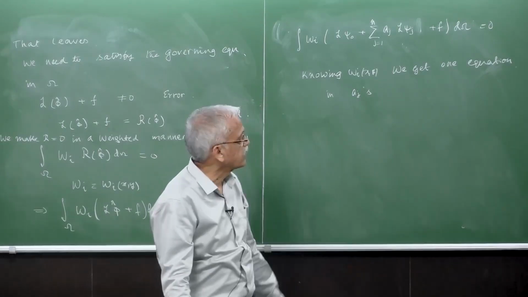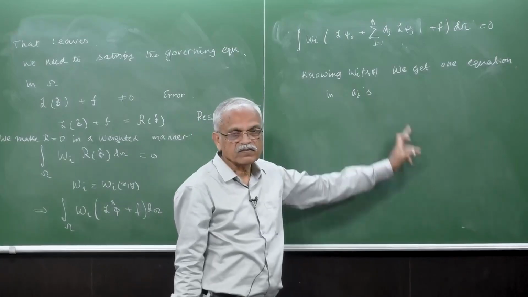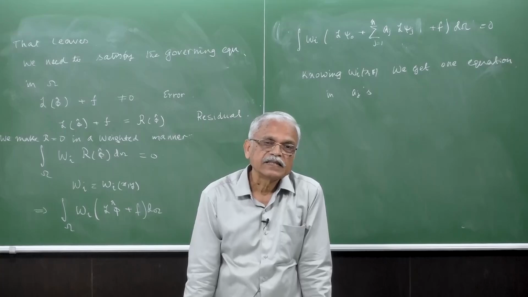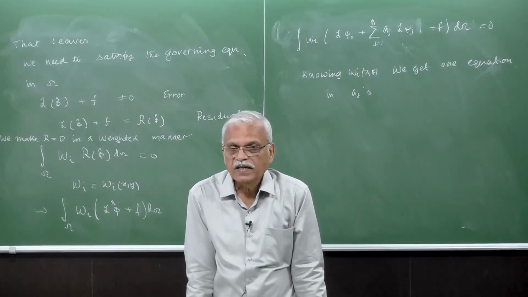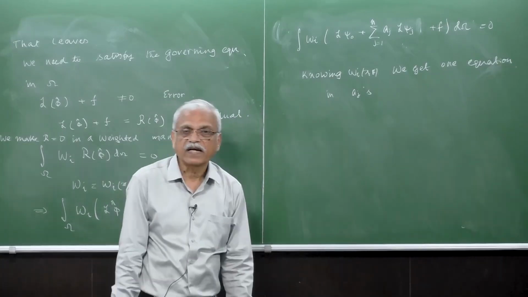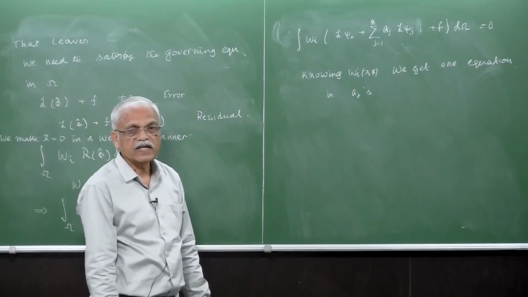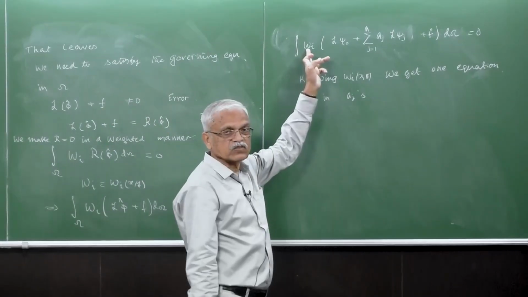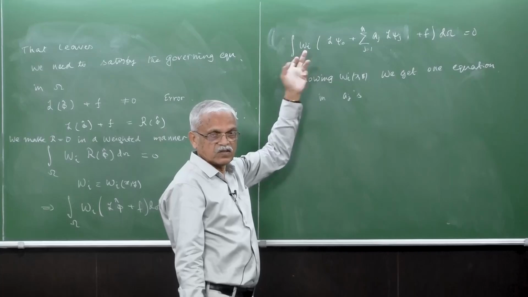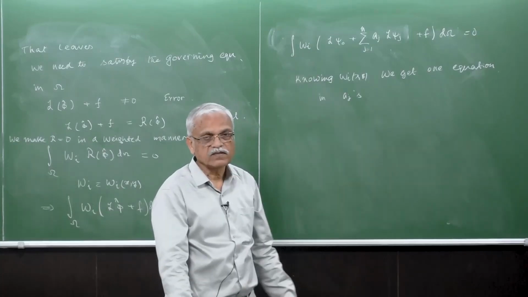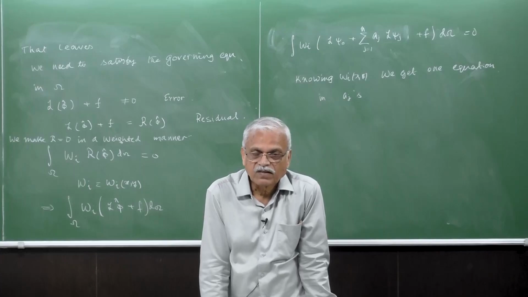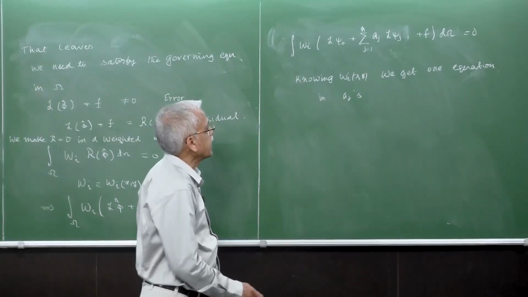So this is one equation we will get in terms of a1, a2, up to an. But we still have n coefficients and we need n equations. So how do we get n equations? We get n equations by making different choices for this weighting function, by choosing n different types of weighting functions.